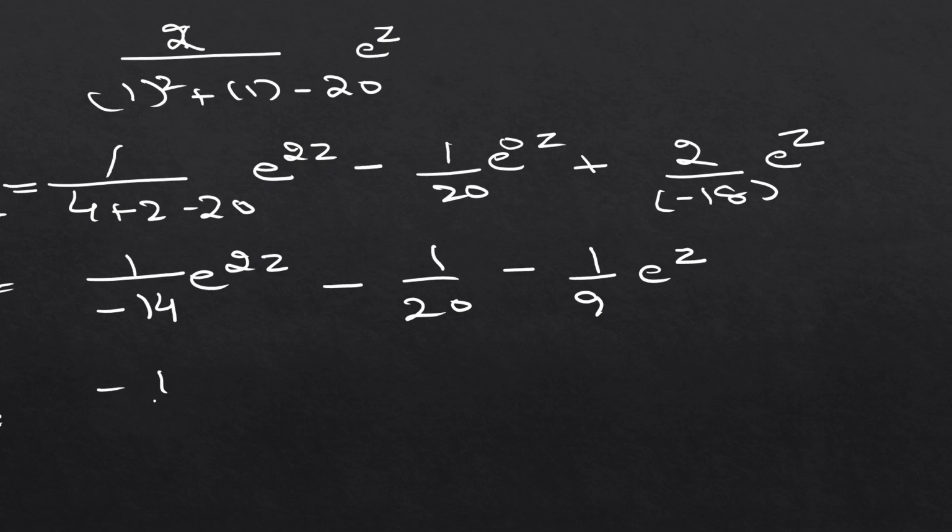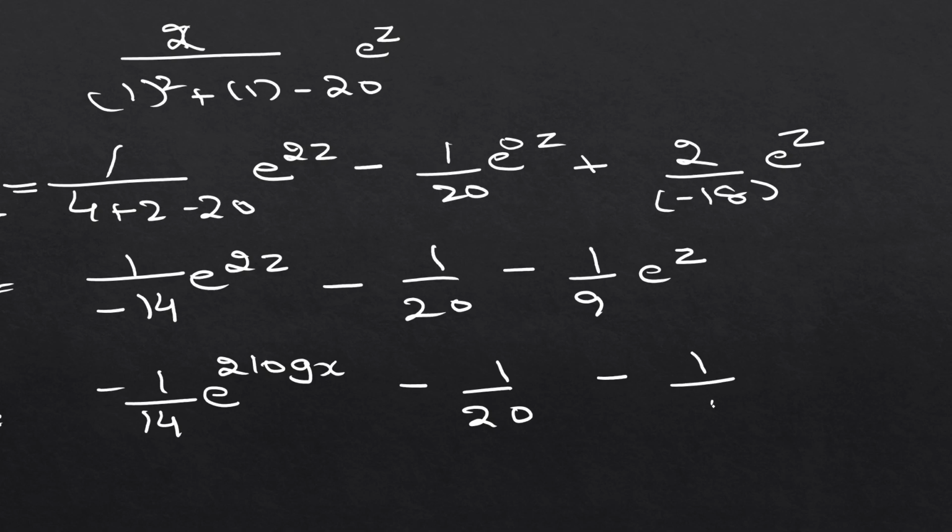Again we have done that: what can we replace by e raised to power z? It is log of x. Minus 1 by 20, minus 1 by 9 e raised to power log of x.